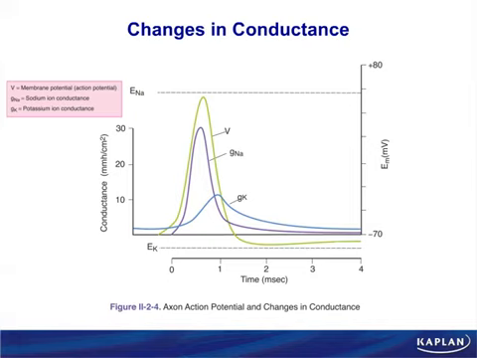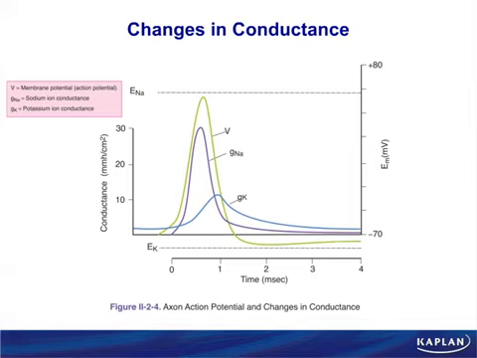But that peak in potassium conductance is occurring when the fast sodium channels are inactivating, so we're rapidly dropping sodium conductance. We have a very high potassium conductance. So notice how membrane potential is quickly moving toward equilibrium at the bottom of the slide, toward the equilibrium for potassium.